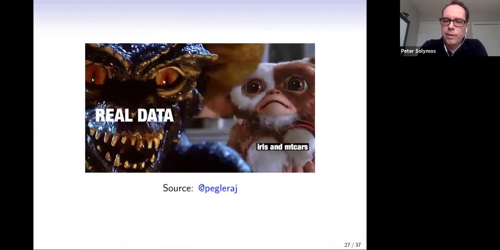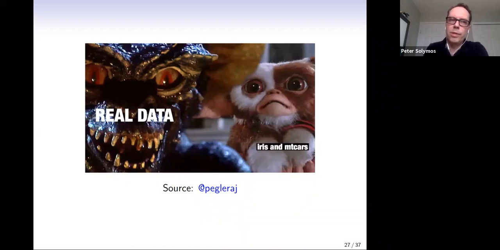So now let's talk a little bit about bird data sets. If you look at help pages of our functions or just tutorials over the net, you're going to see the iris and mtcars data set being used, but real data is often more ugly. I love gremlins, and that's why this little image is here, showing the contrast between these example data sets versus the real data.